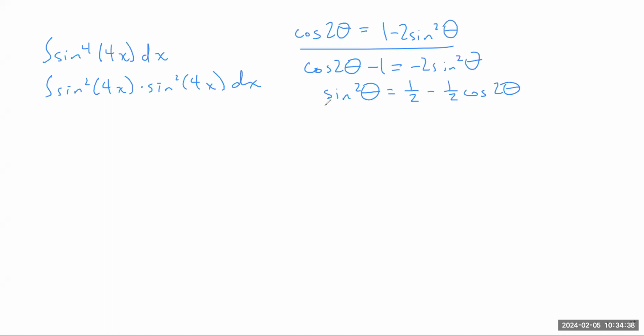Now that we have sine squared of theta isolated, what can I say about these two terms here? The question is, what do they become? 1/2 minus 1/2 cosine of 8x. Right, so the angle doubles.